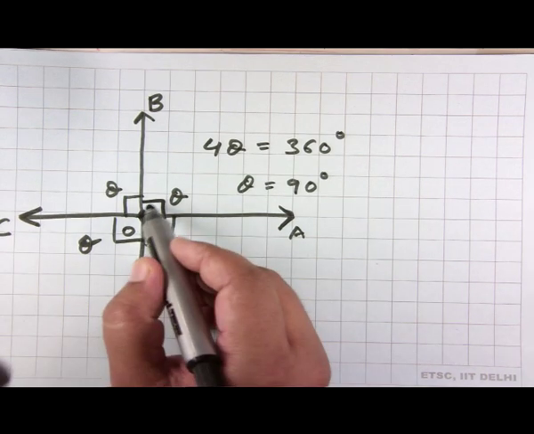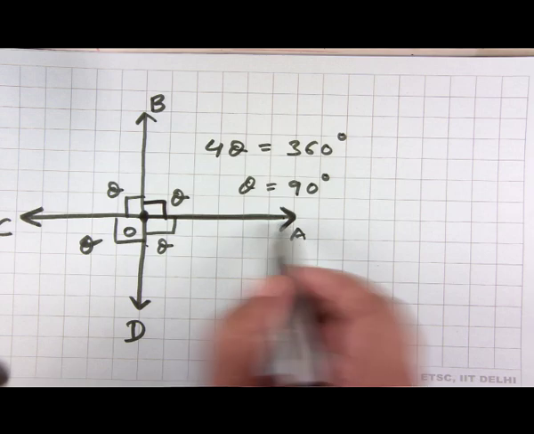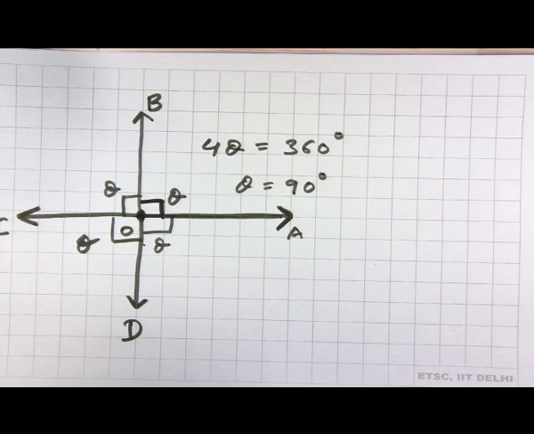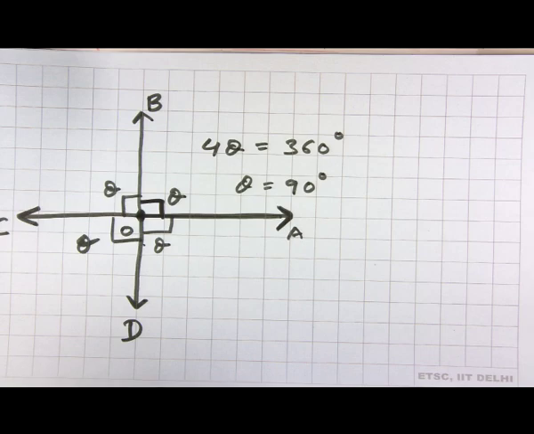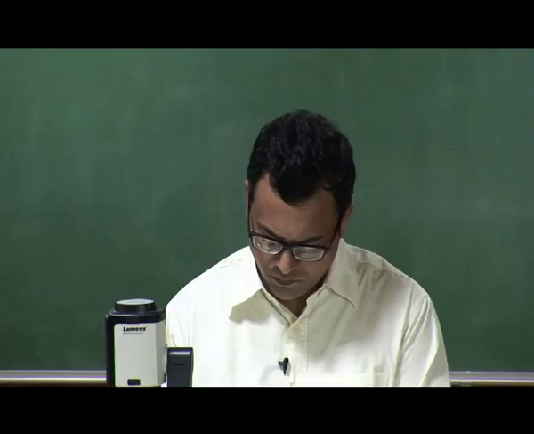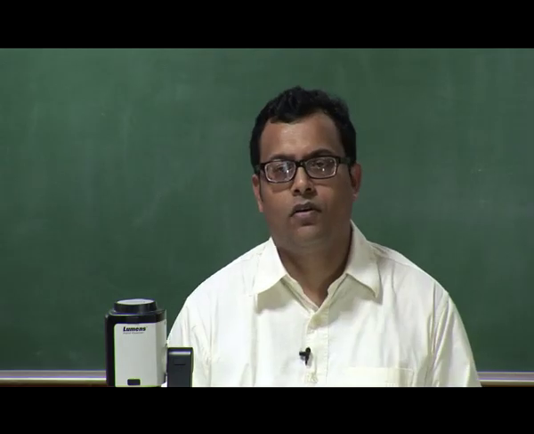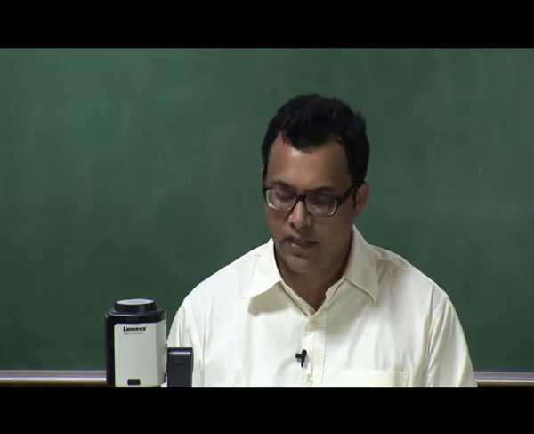And that is why if you change from a lying down position to straight upright, the amount of rotation that this ray would have undergone is 90 degrees. In a similar manner, you can define all other angles like 180 degrees.